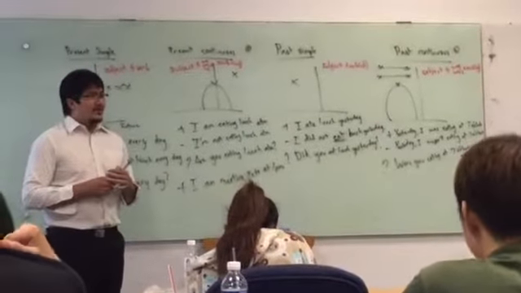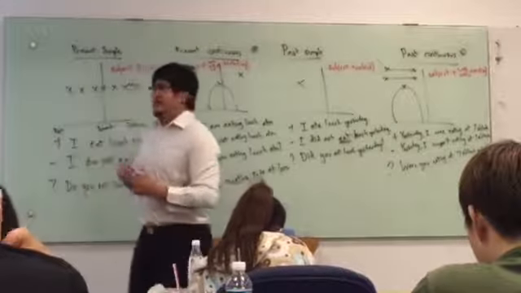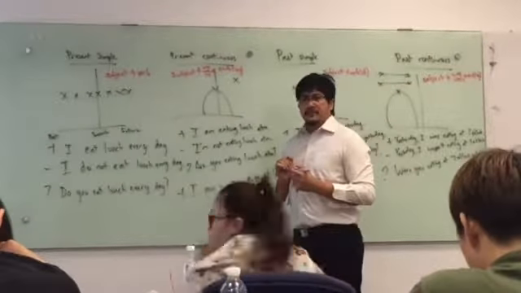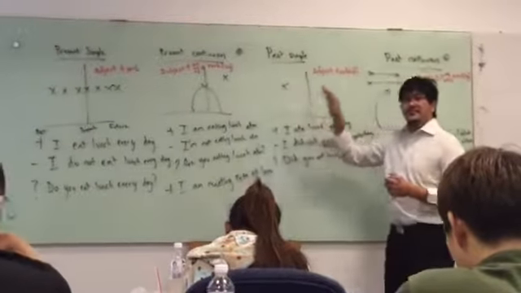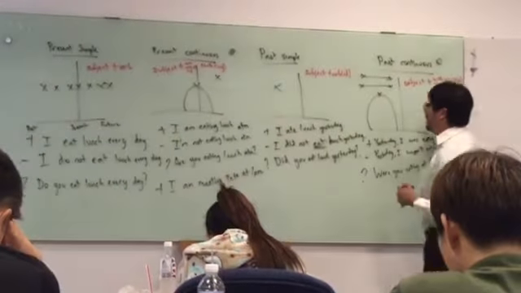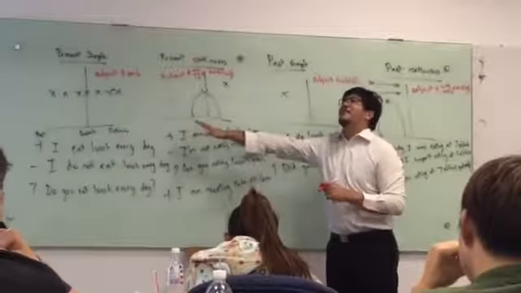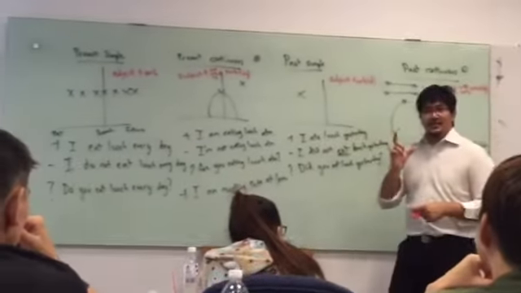What do we remember about action verbs and state verbs? Pete, would you like to remind me? Action verbs are used with present continuous and past continuous. Action verbs can be used for all, right? But present continuous and past continuous only use action verbs.